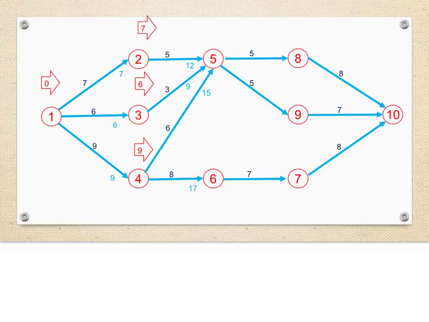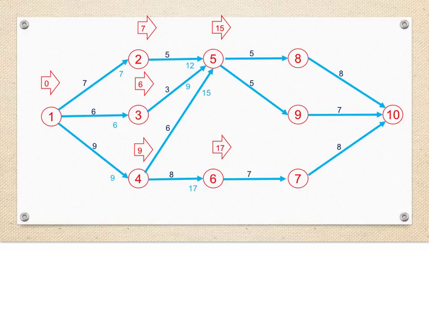We then add the durations of the tasks to the earliest start times to get an earliest finish time of 12 days for task 2.5, 9 days for task 3.5, 15 days for task 4.5, and 17 days for task 4.6.